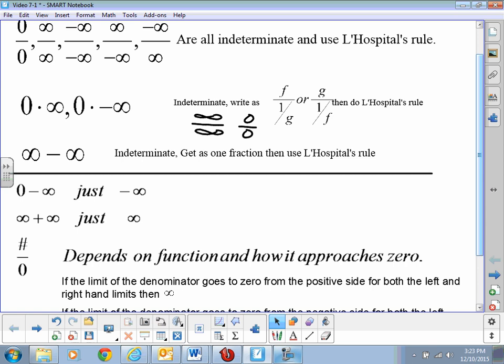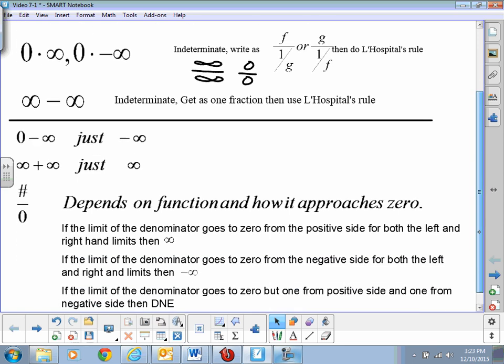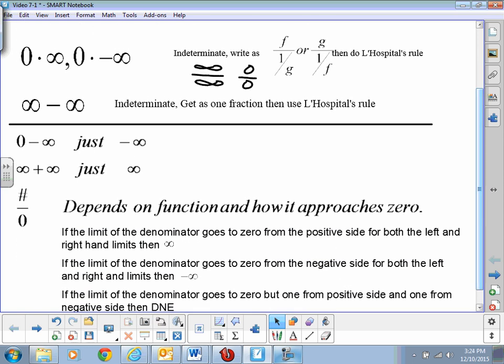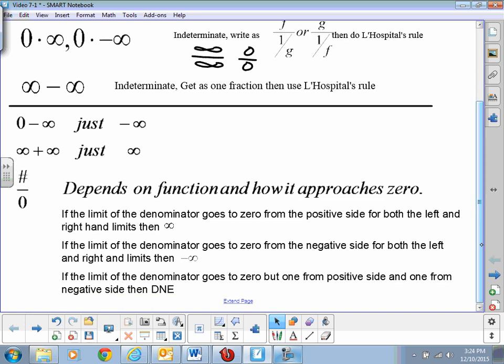Now, if you have just a single number like 7 or 4 over something that's going towards 0, it all depends on what's happening on the bottom. If the thing on the bottom is going towards 0 from the positive side of 0 on both left-hand and right-hand limits, then it would go towards positive infinity, because the reciprocal of a really small positive number would be a really large positive number.